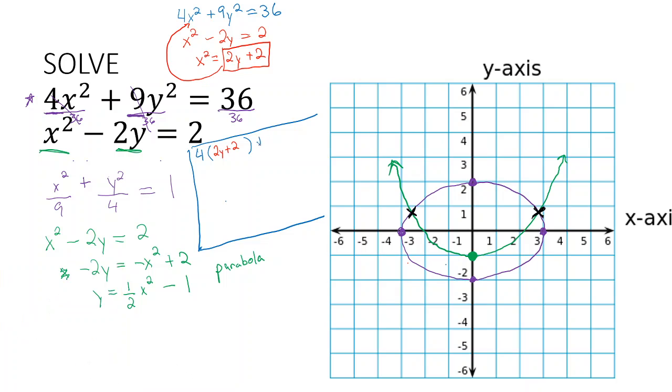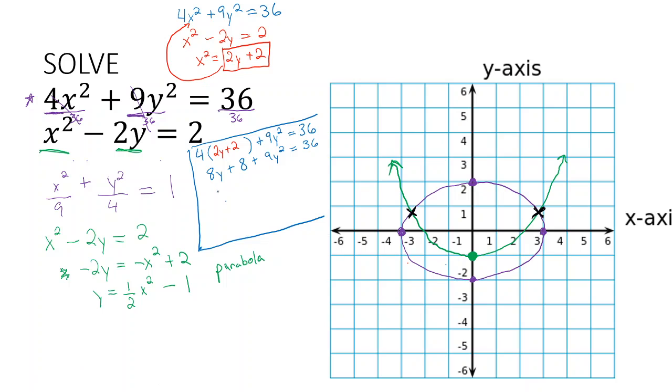And then I'm going to say plus 9y squared equals 36. So when it comes down to it, if I work this out, I get 8y plus 8 plus 9y squared equals 36.